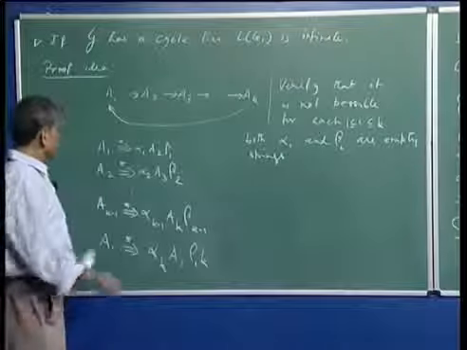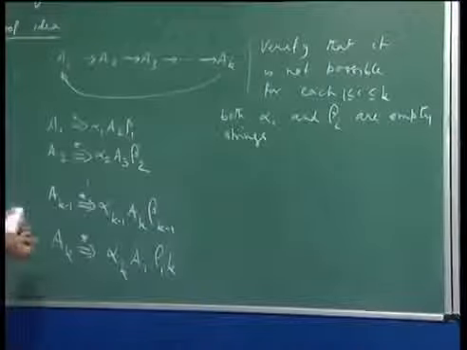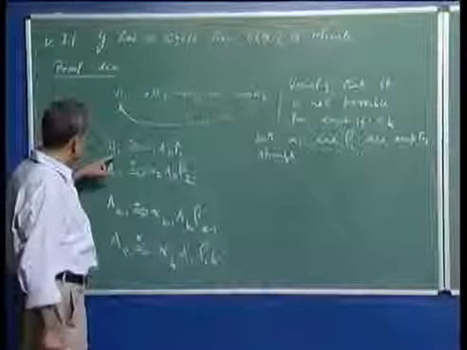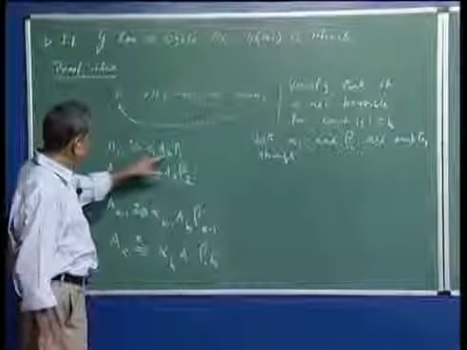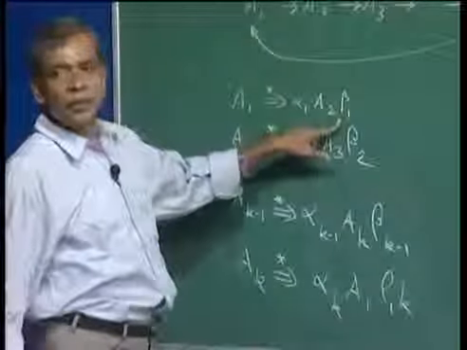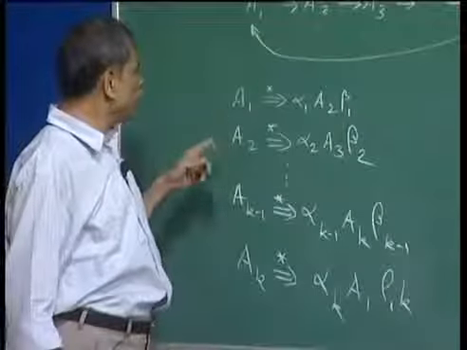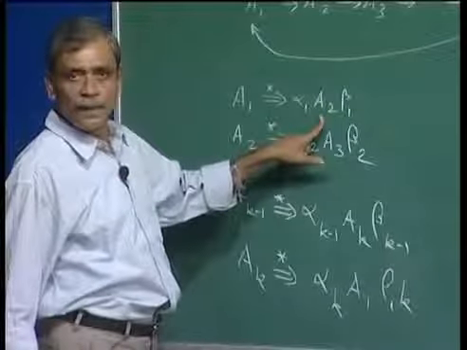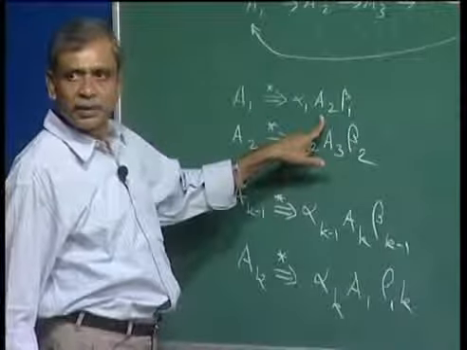In fact, it is quite easy to see in the beginning: when we say A1 derives alpha 1, A2, beta 1, and suppose both alpha 1 and beta 1 were empty strings, that would mean A1 derives A2. Is that possible?